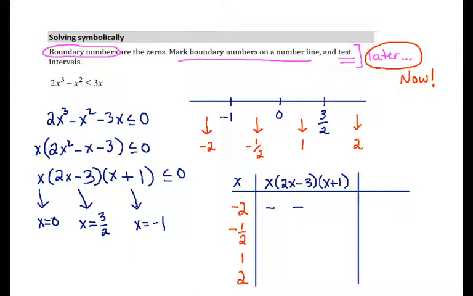The factor x plus 1, when x is -2, is -1, meaning it's also negative. Now over here on the right, I'm going to put it all together. This is a product of three negative numbers. Because 3 is odd, I know the product of an odd number of negatives is going to be negative.